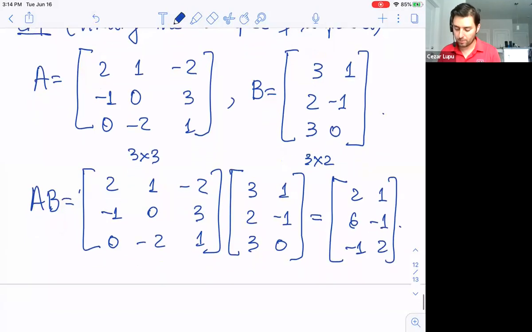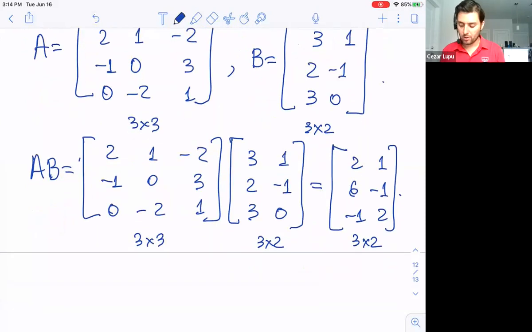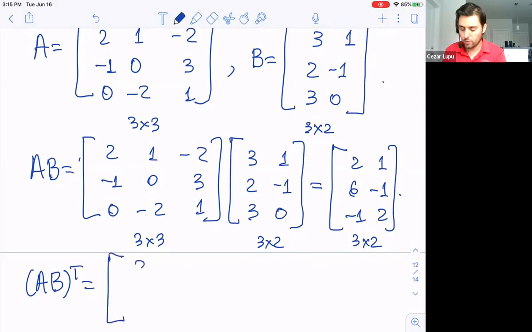Again, this is a 3 by 2. Okay, you can transpose this. So when you have the product, the 3 by 2, when you transpose this, it will be a 2 by 3. Right? So AB transpose will be 2, 6, -1, 1, -1, and 2. Right? So this is a 2 by 3.